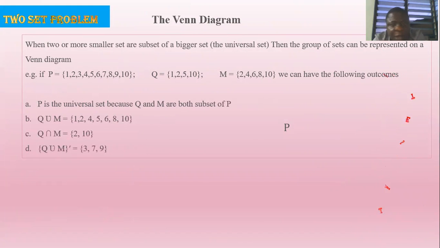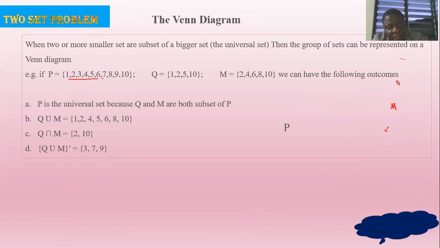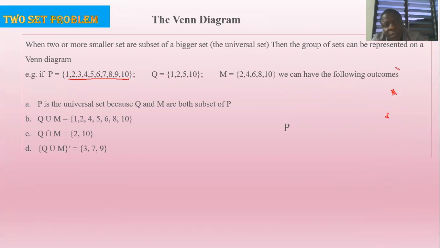So if P happens to be the set of counting numbers less than 11, then we'll have the set P to contain these elements, 1 to 10. If Q and M happen to be subsets of P, whereby Q is the factors of 10 and M is the multiples of 2 less than 12, then respectively, this will be their members.